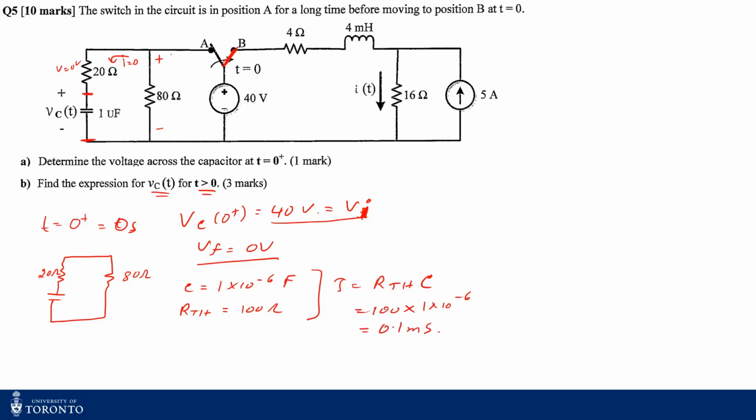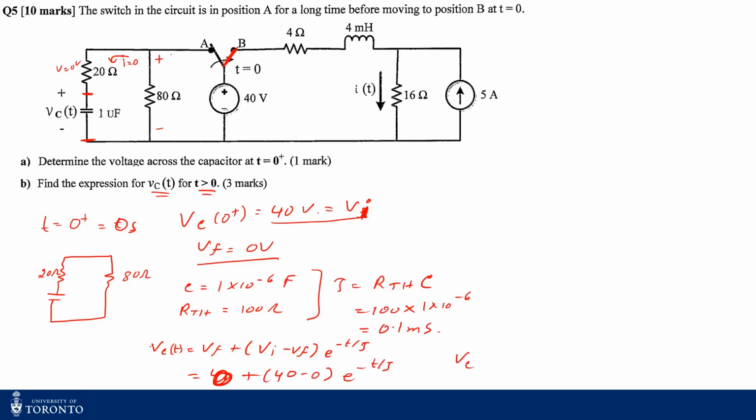And since you know all the values, what's going to be your VC(t) for t greater than 0? It's VC(t) = Vf + (Vi - Vf) e^(-t/tau). So that's 0 + (40 - 0) e^(-t/tau).